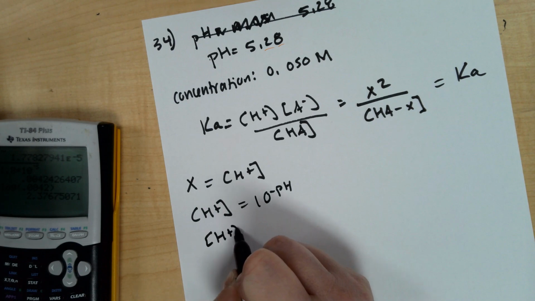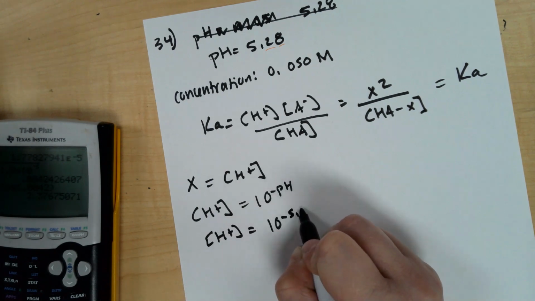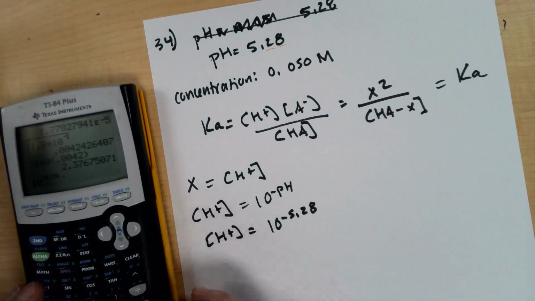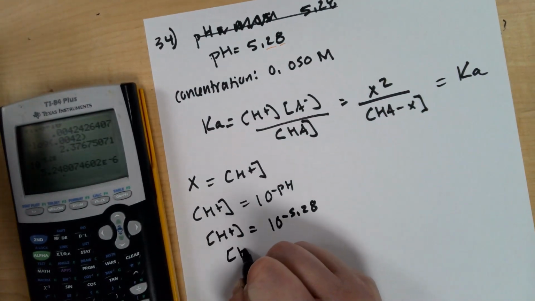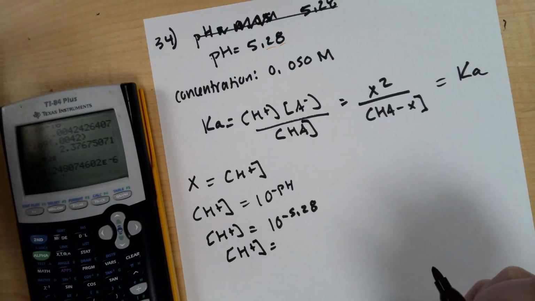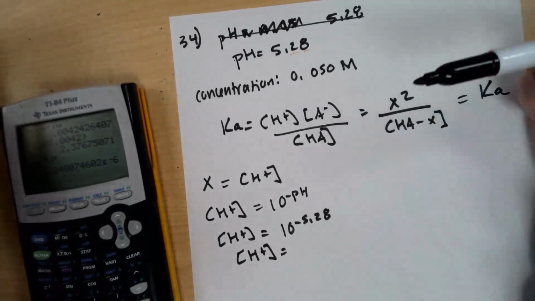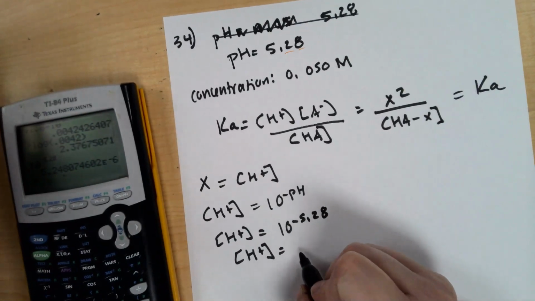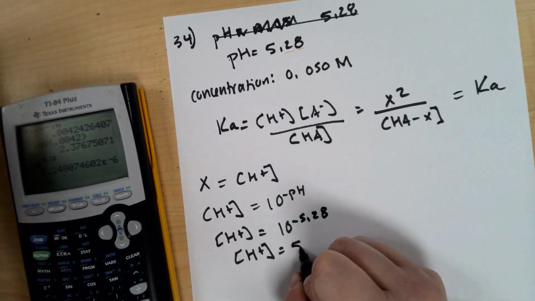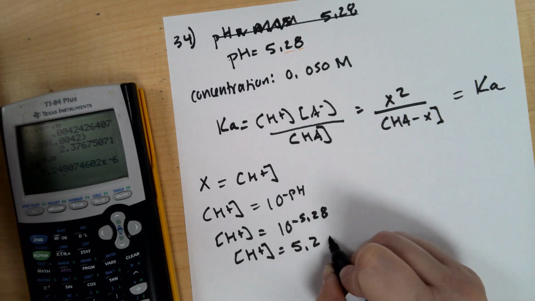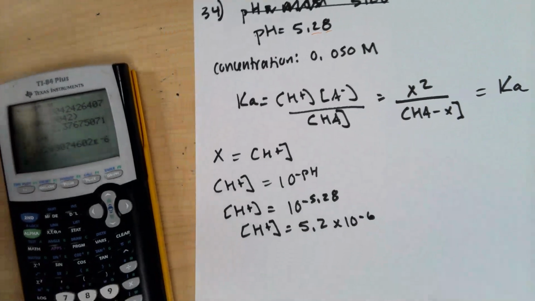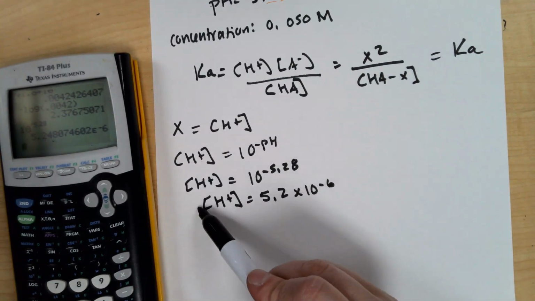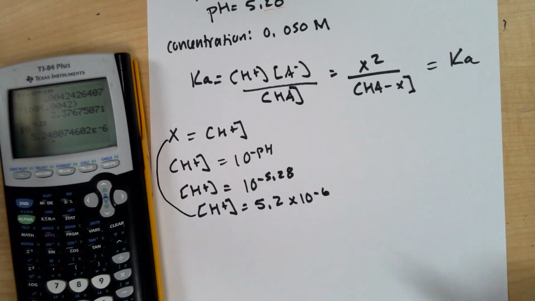So I can plug in 5.28 up here, do 10 to the minus 5.28. My H plus concentration is, how many sig figs do we get? 2. This is a concentration, so it all counts for sig figs. We have 5.2 times 10 to the negative 6 for our H plus concentration, which, as we know, always equals x.